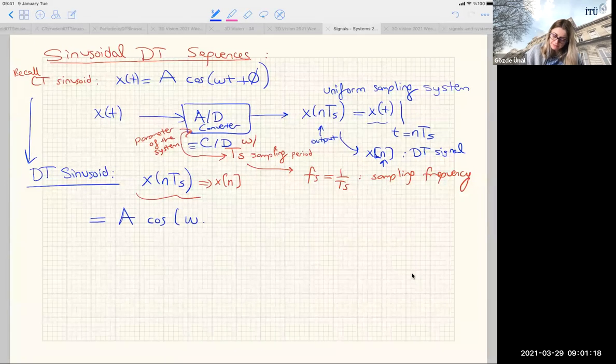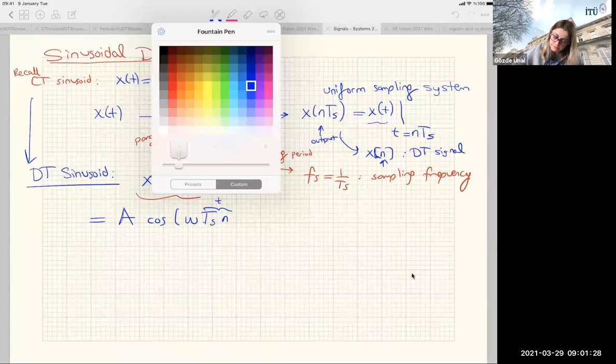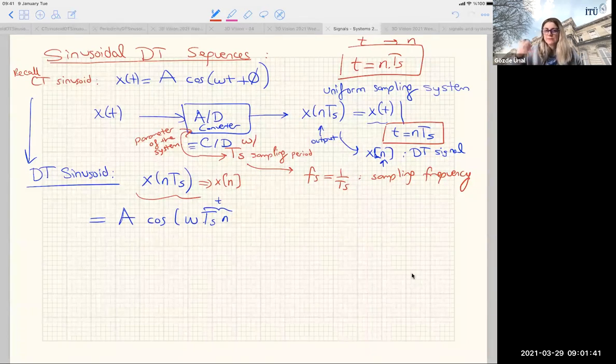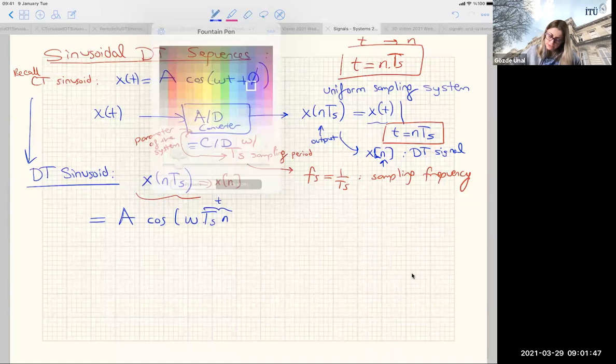I mean, t is n times Ts, or Ts times n, right? This is exactly what we did here. So t is n times Ts. This is the relation to go from t to n. Take every Ts samples.